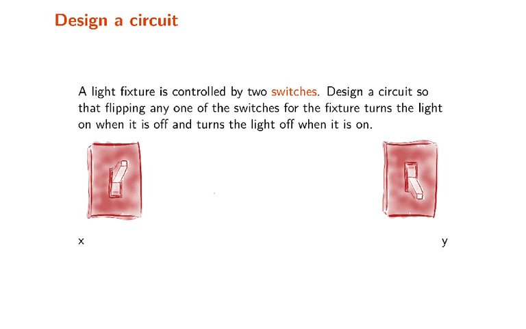But then let's think about the output, the expression of the function. The output can be that the light is on or off, right? So the function also takes two values, in different situations. Let's say that it is the value 1 when it's on and the value 0 when it's off.